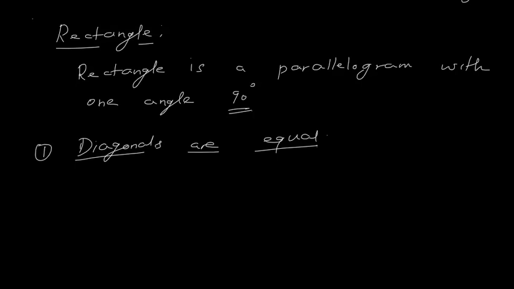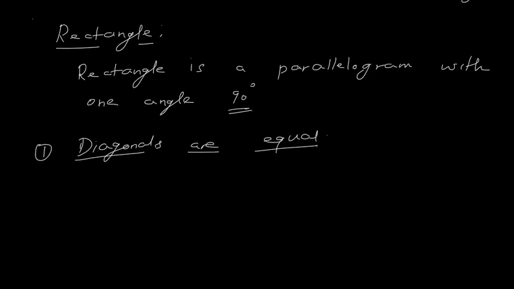So all the rectangles are parallelograms, but all the parallelograms are not rectangles. You keep this in your mind that all rectangles are parallelograms as they are satisfying all the conditions of parallelogram. Apart from that, they are satisfying one more condition, that one of the angles is 90 degree and diagonals are equal, obviously.